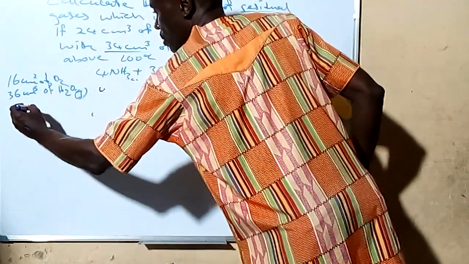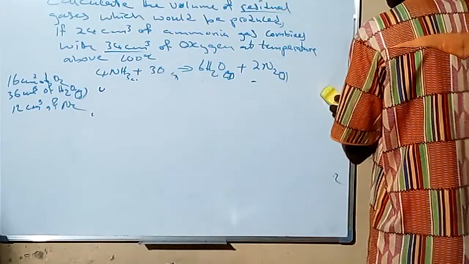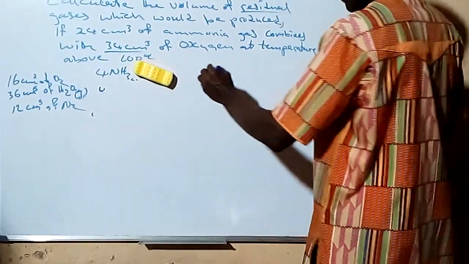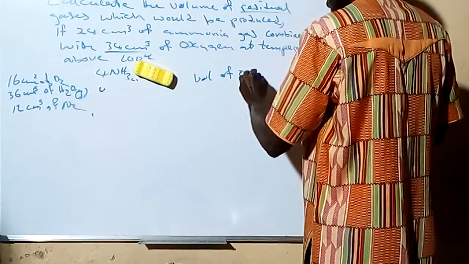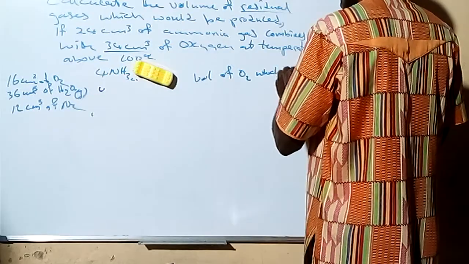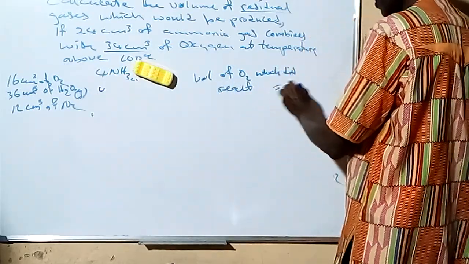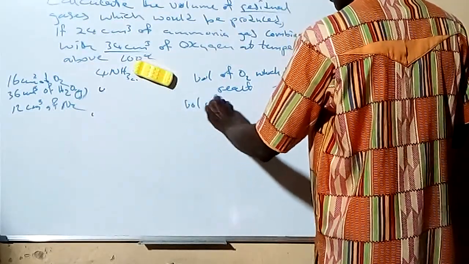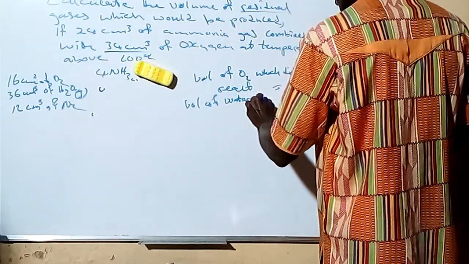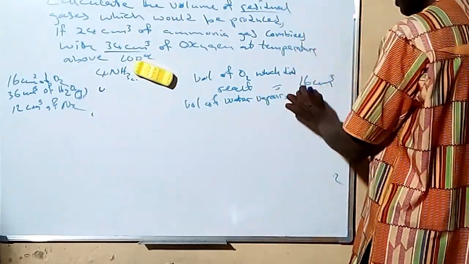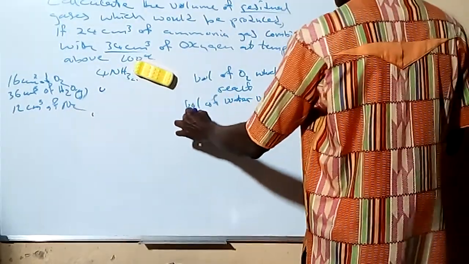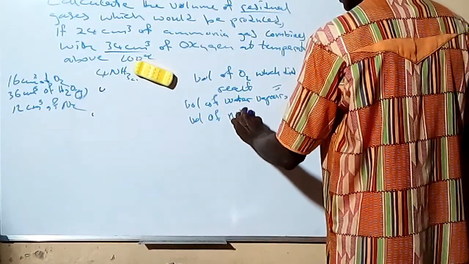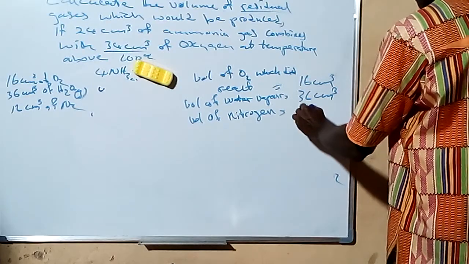The volume of oxygen which did not react is 16 cm3, the volume of water vapor produced is 36 cm3, and the volume of nitrogen is 12 cm3.